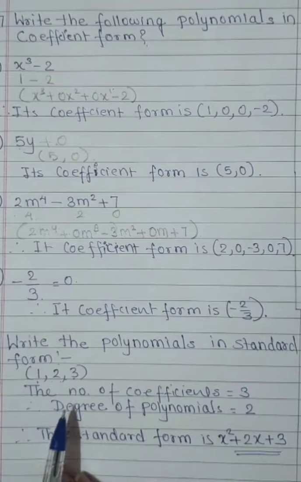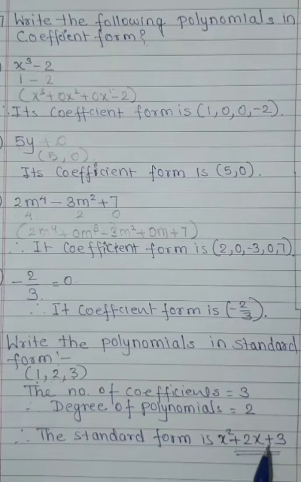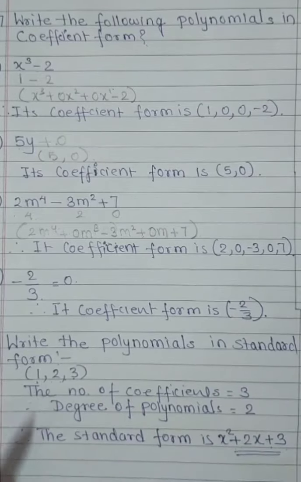Okay, the number of coefficients we got is 3, the degree of the polynomial is 2, and the standard form is x², that means 1, 2x, plus 3. This is the answer for the first one.